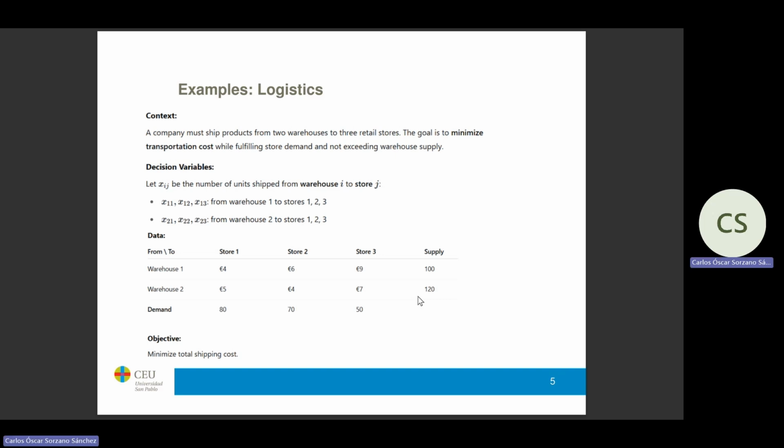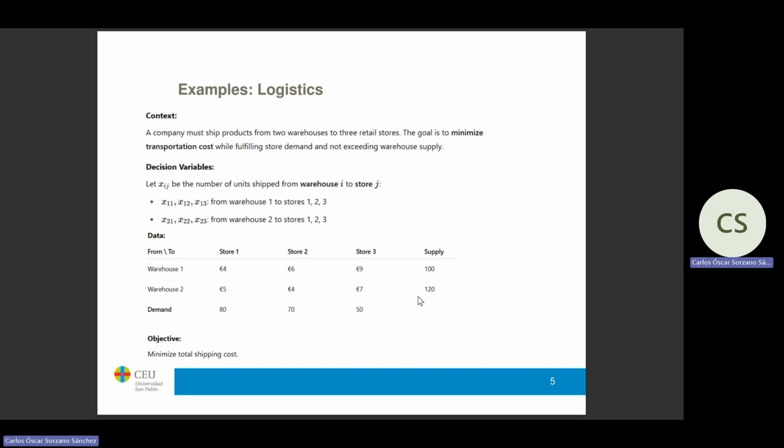And the cost for shipping from warehouse 1 to store 1 is 4 euros, warehouse 1 to store 2 per unit, it is 6 euros actually. And then we want to minimize the total shipping cost. Okay, so here the variables that we can touch are x11, x12, x13, and x21, x22, x23. That is how many units you are sending from a given warehouse to a given store.